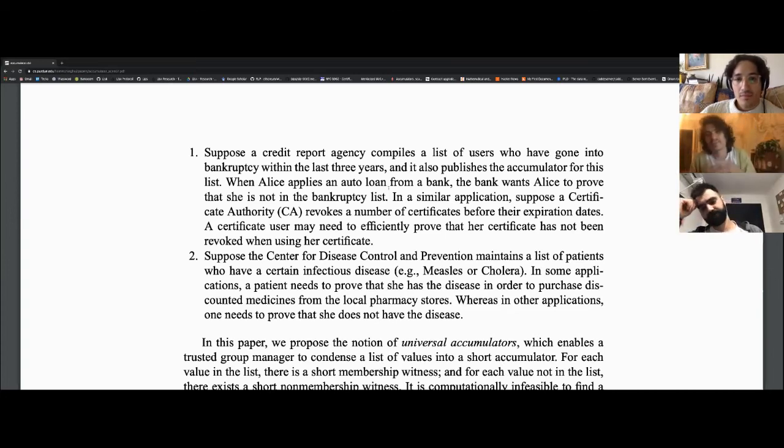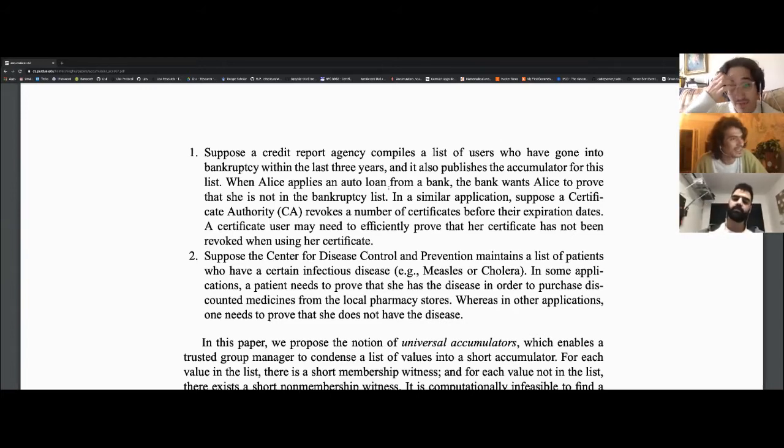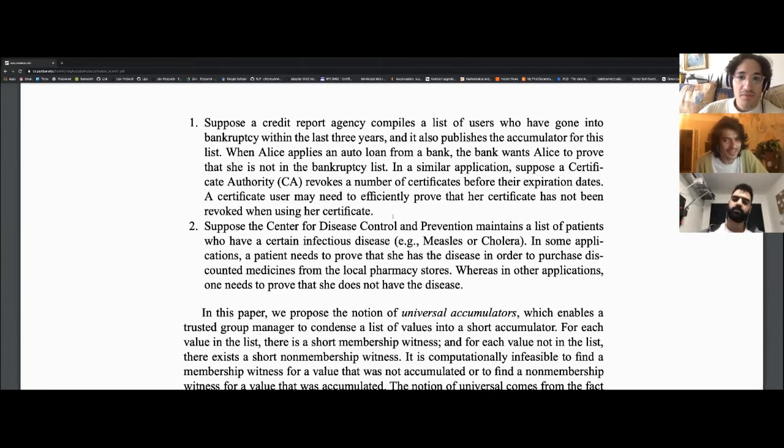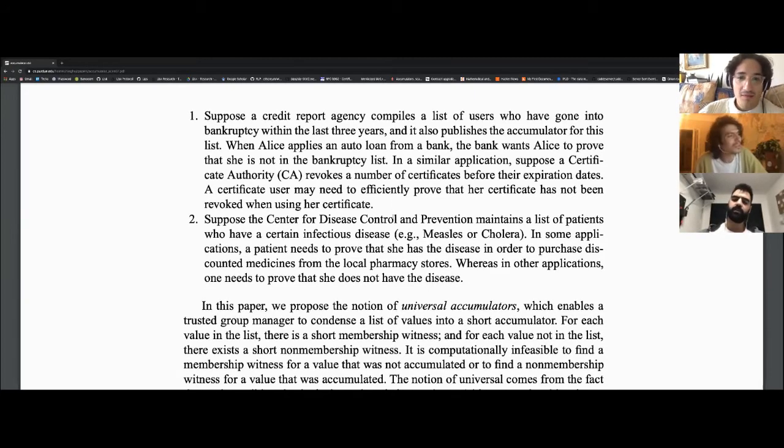You could do the same even only with membership proofs, but sometimes it's more convenient to have non-membership proofs. I thought maybe this was calling for some kind of privacy, but that's a different question. Yeah, so this is really just an argument from efficiency. And yes, I guess it's also a nice result.